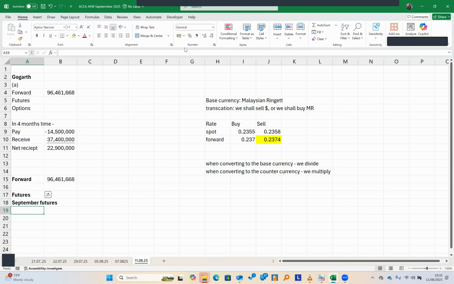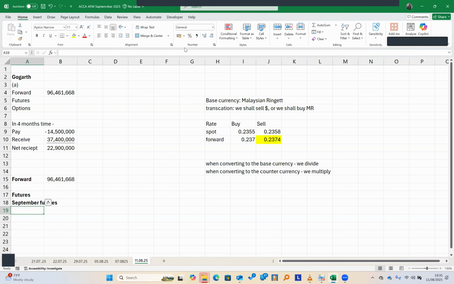So September futures. Now, when you buy a futures price, it's basically still trying to determine a price that you will use at a given date. The difference between a future and a forward rate is that the future is not over the counter. They don't give you a rate, but rather you go out in the market and you buy what is available.